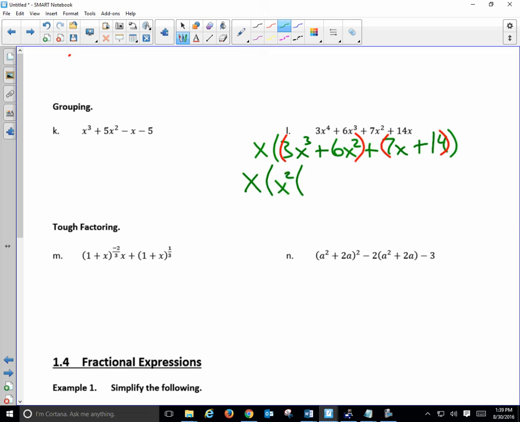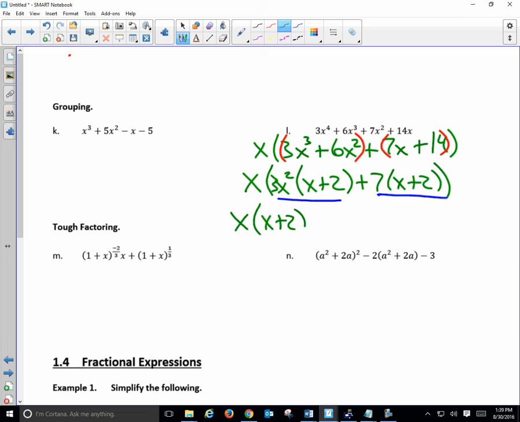X squared, 3x squared. I'm left with an x plus 2. What can I take out of the second set? And I'm left with an x plus 2. You can see these 2 terms that are left. What do they share in common? X plus 2. When you take the x plus 2 out, you are left with that 3x squared, and you are left with that 7. Any questions on that one? Going once?